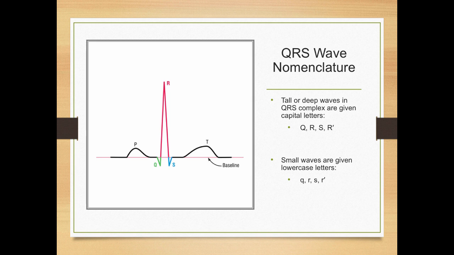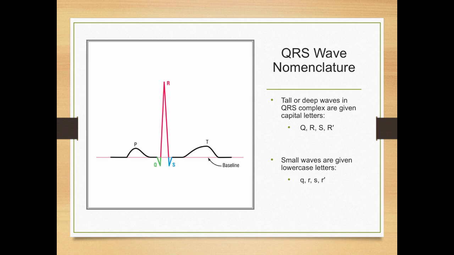And then our small waves, and this is all a little subjective. This is your art appreciation course for EMS. You're welcome, right? Our small waves are given lowercase letters, so lowercase q, lowercase r, lowercase s, lowercase r prime. It's still a lowercase because it's a smaller wave.